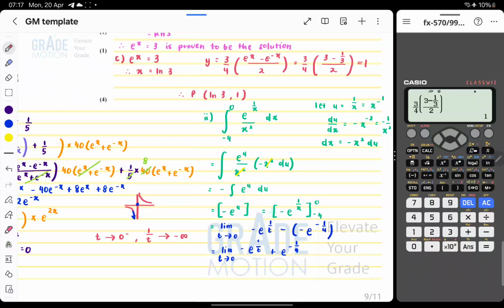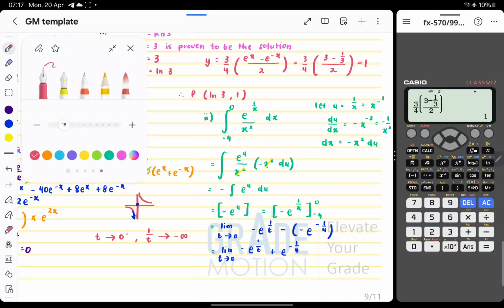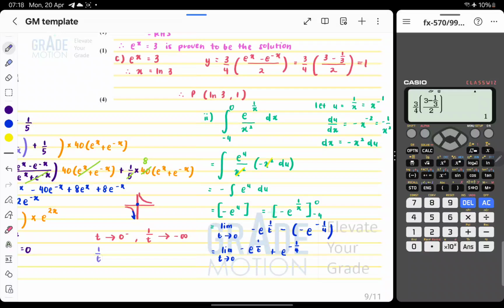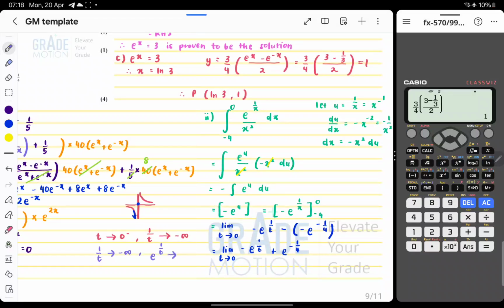Next, as 1 over t approaches negative infinity, what will happen to e to the power of 1 over t? Now we will refer to our exponential function.